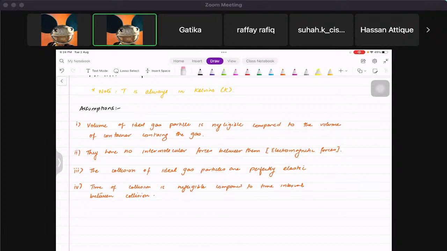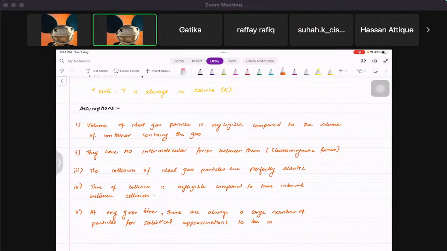Okay, and then the last thing that you need to remember is that at any given time, there are always a large number of particles for statistical approximations to be made.